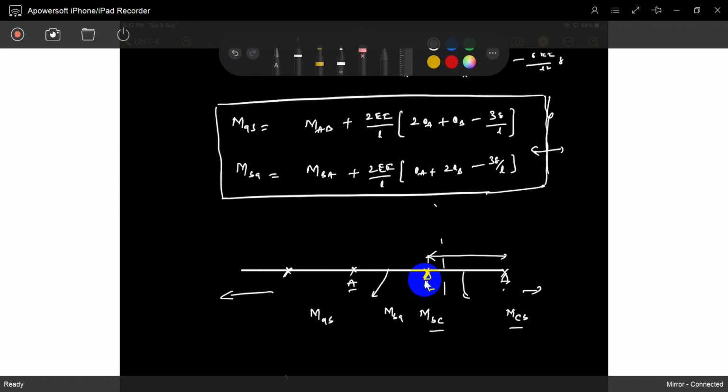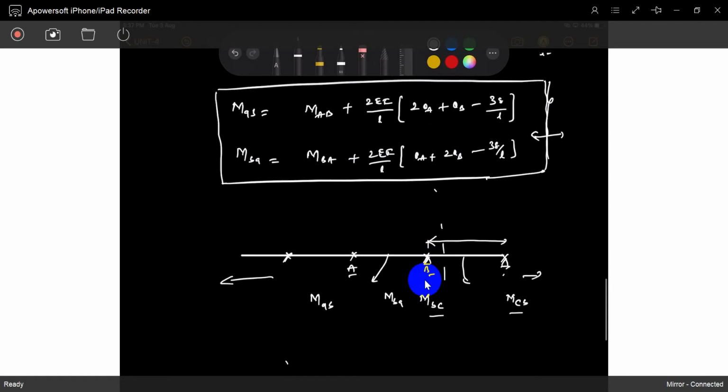So how can you solve? Finally you can find out MAB and MBC. But before that you have to find out theta A, theta B, and also theta C. First you will find out theta A, theta B, theta C. Then only you can find out these values.